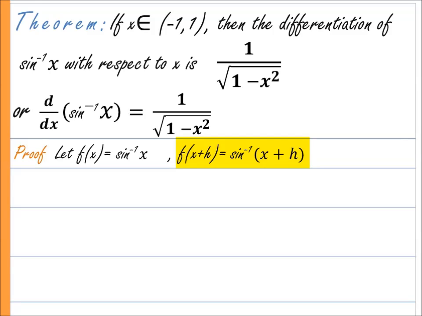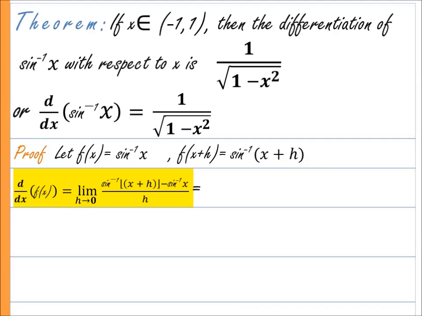So in this case, the derivative of f of x with respect to x will be equal to limit h approaches 0, sine inverse of x plus h minus sine inverse x, whole divided by h.